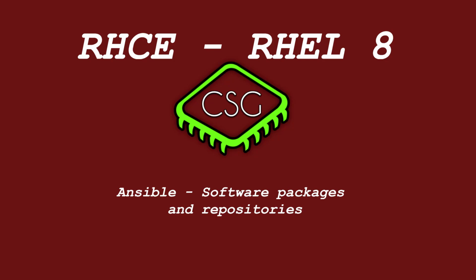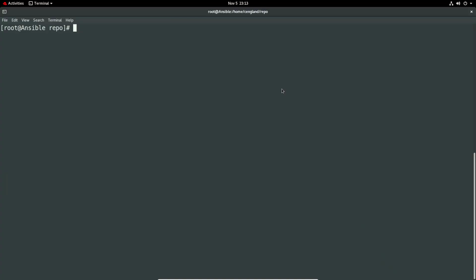So let's launch. Here we go. Okay, so I've just got an inventory file at the moment, so it's got nothing other than the single host I care about. So we'll create a new one called repo.yaml. We'll just do the usual 3 dashes.